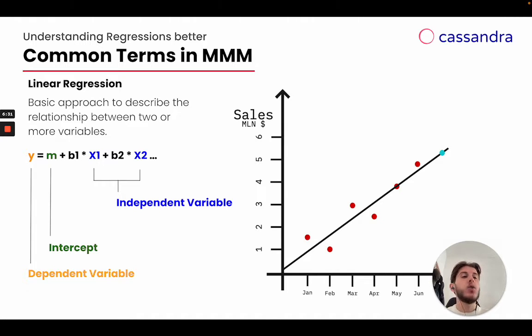Am I still going to generate some sort of sales? That's represented by the intercept, because if the intercept is 0.2, it means that if I'm not spending anything on Facebook, on Google, I'm not generating organic sessions and so on, I will still be generating 0.2 million euros per month, for instance, okay? So this is the intercept.